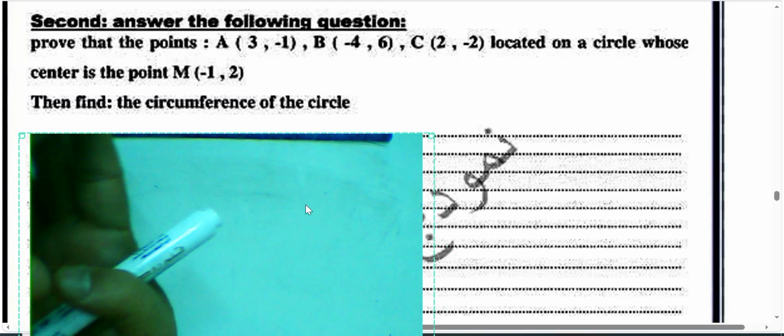Next question. Second, answer the following questions. Prove that the points A, B, C are located on a circle whose center is negative 1 and 2, then find the circumference of the circle.